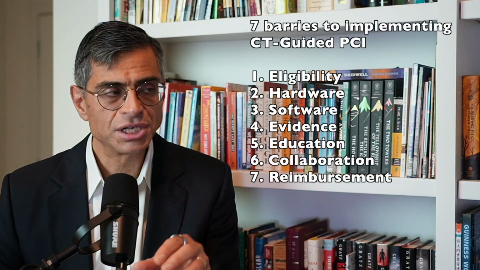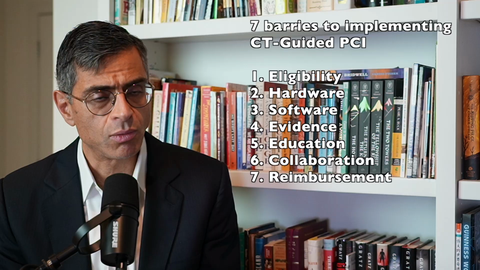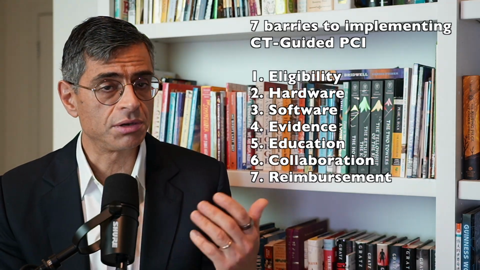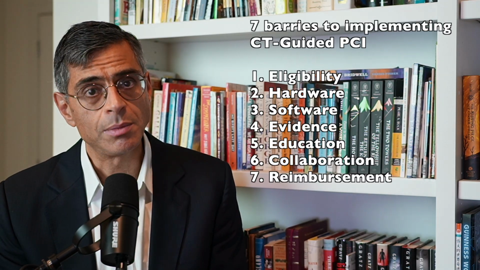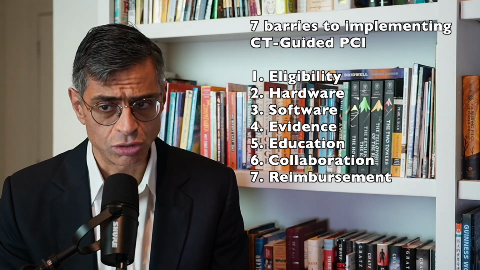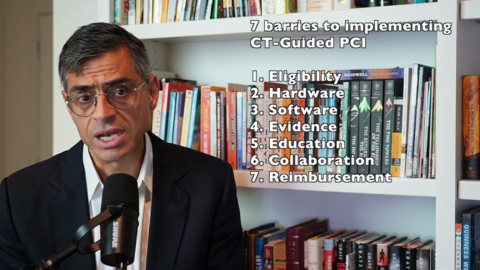There are seven barriers to implementing CT-guided PCI, and we covered them one by one. The first is eligibility. With the new machines, new scanners, we're able to get images at very good paces in most patients. Number two is the hardware, which is improving rapidly. Number three is getting access to the software, which is also getting there. Then we need some more evidence.